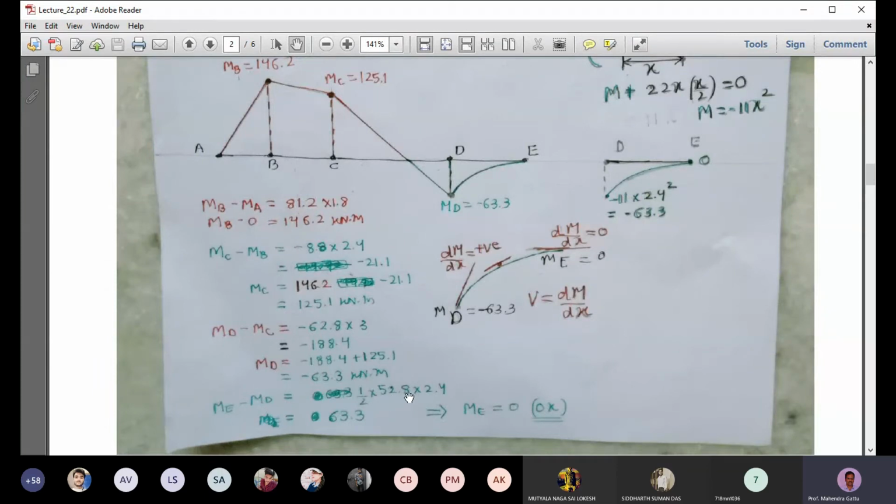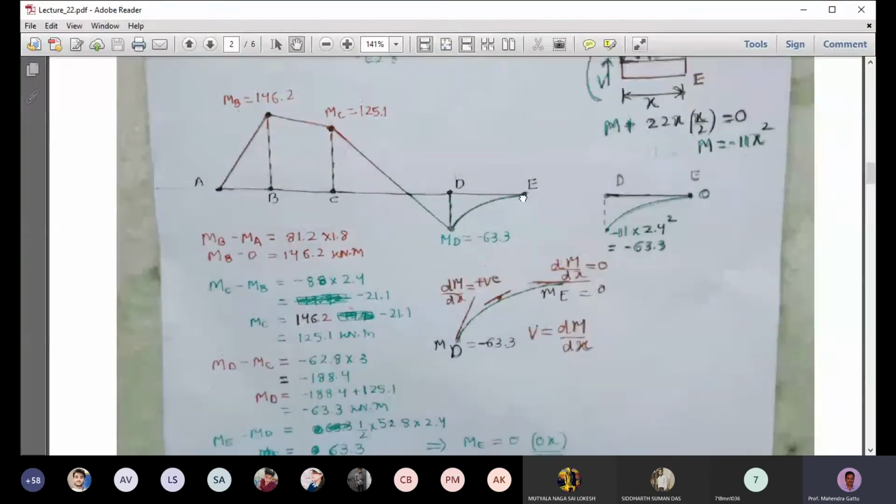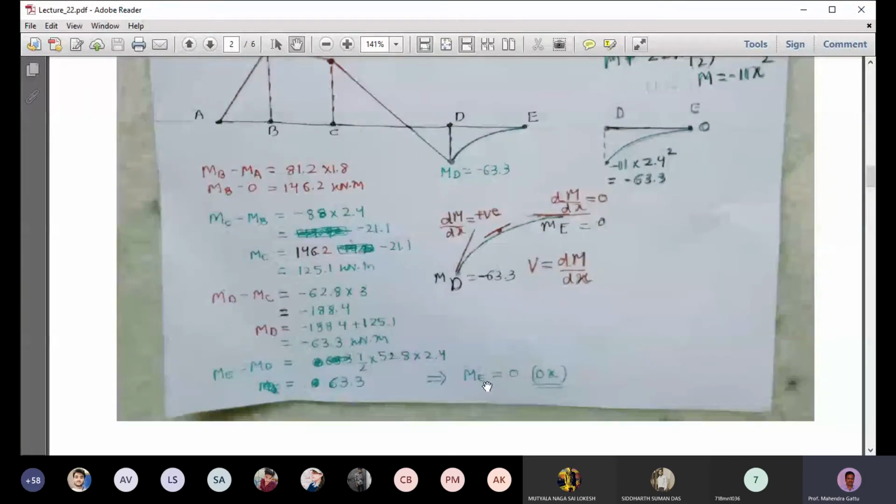So half into 52.8 into 2.4, and you're getting 63.3. If you send that MD value to the right, it will be 63.3 minus 63.3, and you'll get ME is 0. So our calculation is okay. We already know that bending moment at E is 0, and again we are getting the same thing, ME is 0.